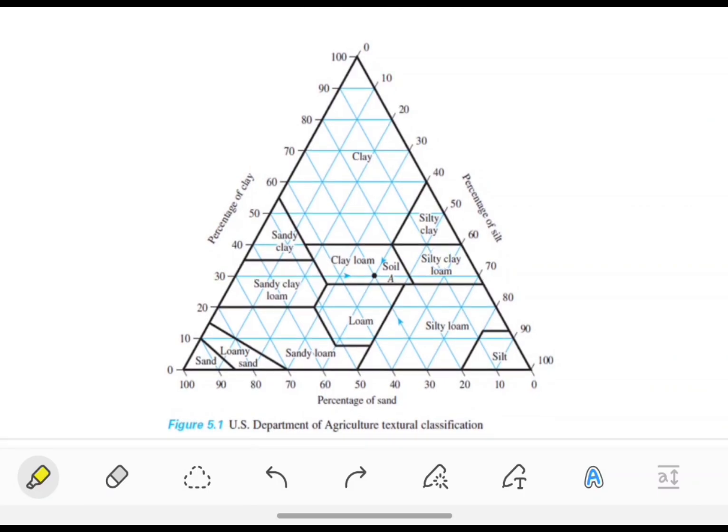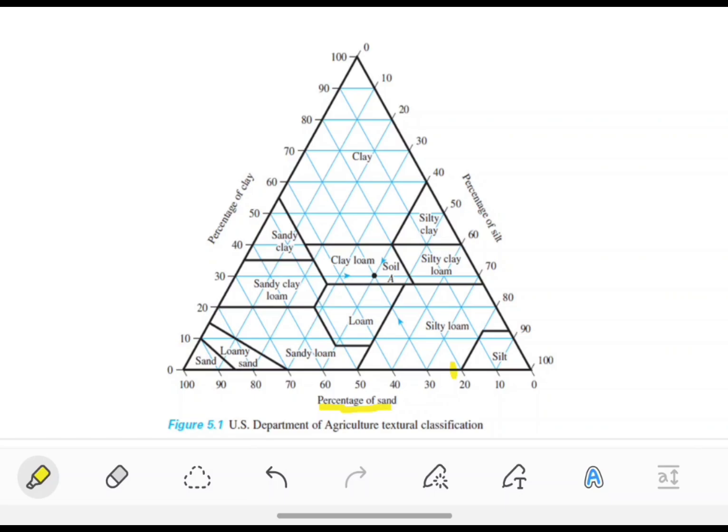We get percentage of sand is 22.22. So 22.22 will lie in this point, and we get modified percentage of silt is 45.56.